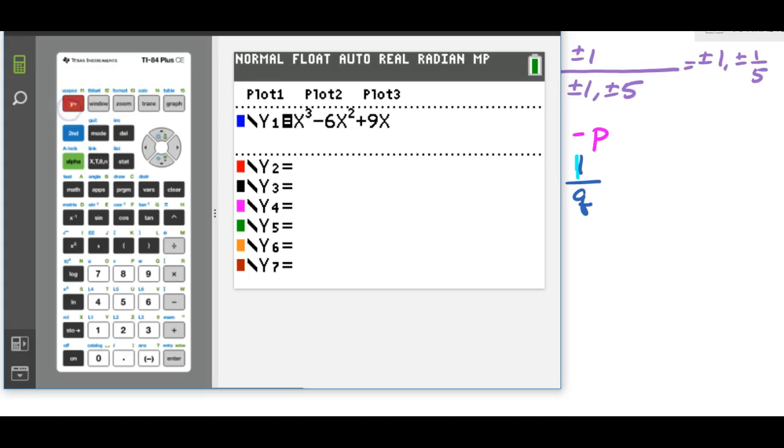So the first thing I'm going to do is go to y equals, clear everything out that's already there, and I'm going to type in 5x cubed, and then arrow to the right to get out of your exponent, plus x squared minus 5x minus 1. And it's super duper important that you have this typed in correctly, because like I said, if you have the wrong function in there, you're definitely not going to get the right answer.